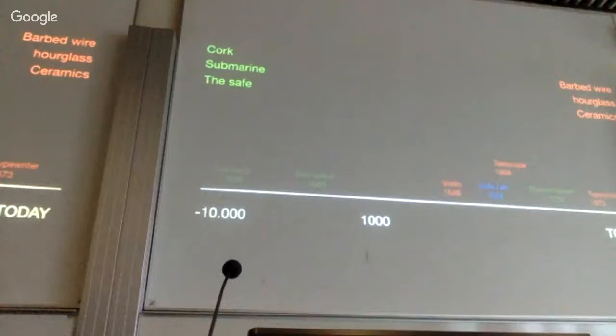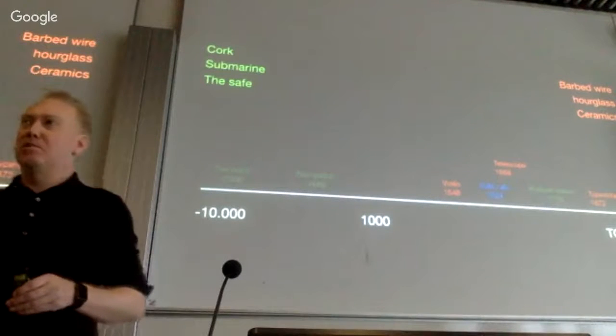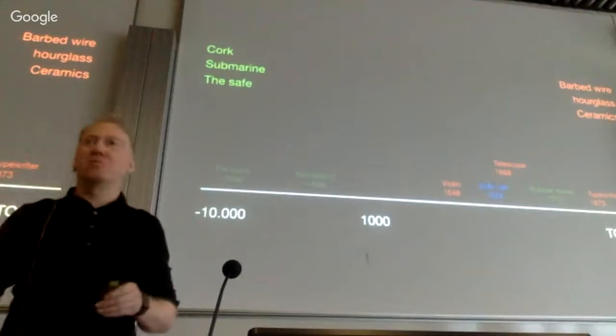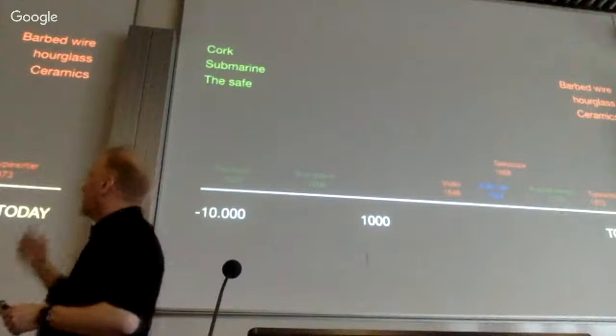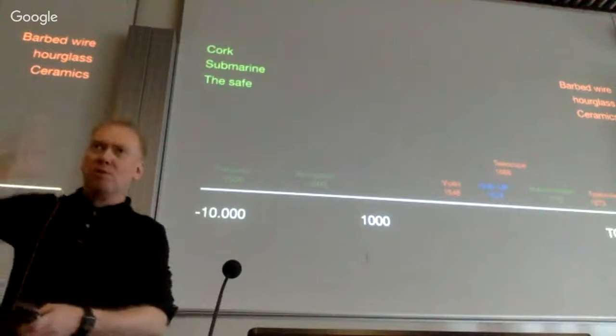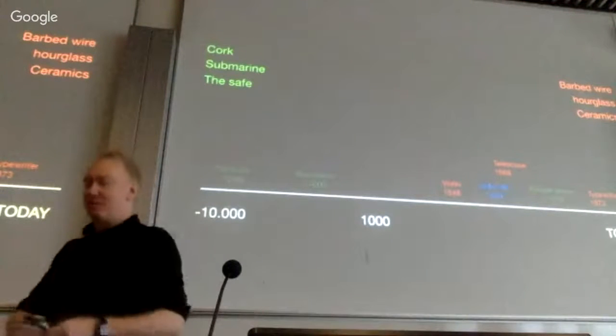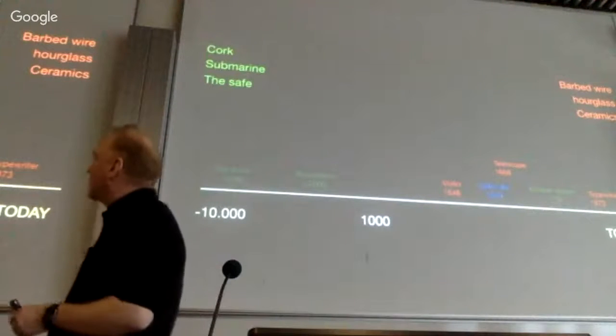Cork. It was invented way later than people invented bottles. So they had to use something, I don't know what. But do you know the corkscrew was actually invented much later? So people had to chop off the cork.